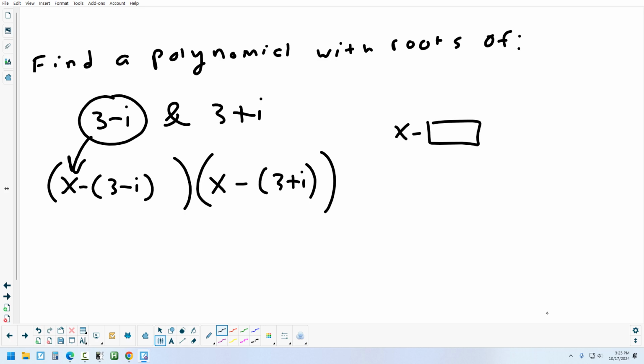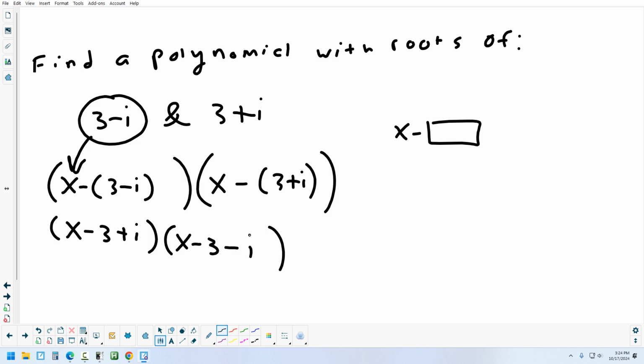We could distribute it across the parentheses, so we no longer have to deal with the parentheses inside the parentheses. It's like distributing -1. And then what about when you do that over here? You get x minus 3 minus i.